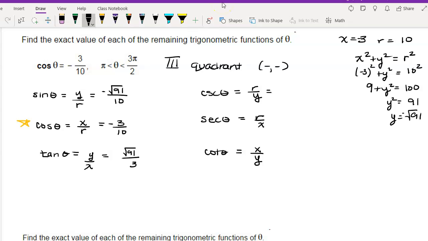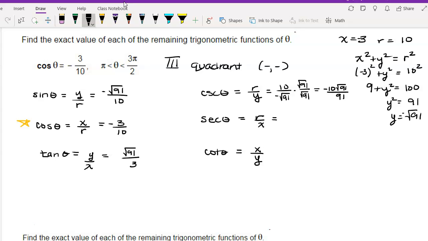Alright, now we have r over y. R was 10. Y is the negative square root of 91. Ooh, I do not like a square root in the denominator, so we have to rationalize by multiplying by the square root of 91 over the square root of 91. What we get is negative 10 square root of 91 over 91.